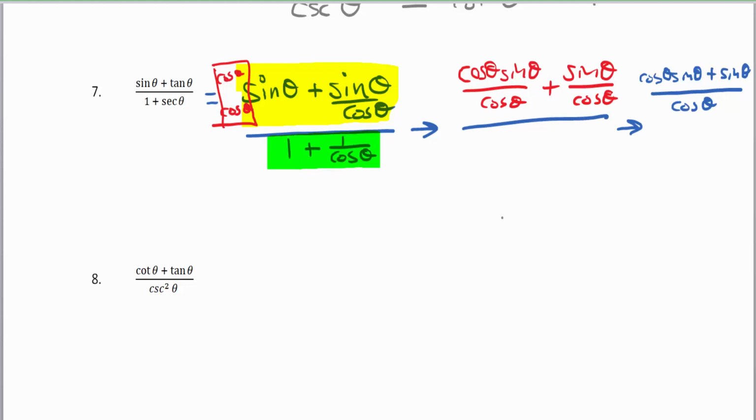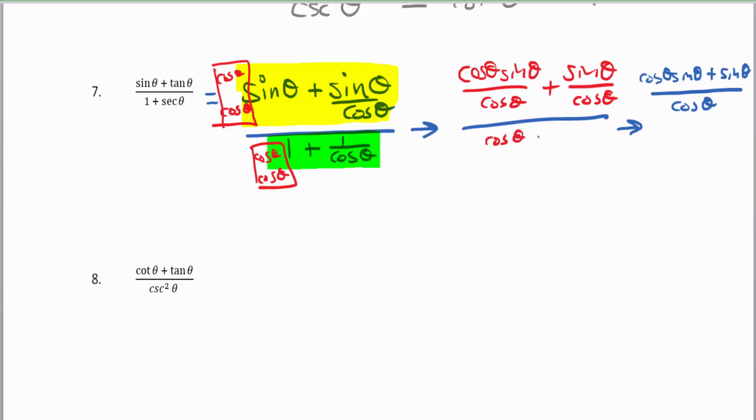highlight in green. Okay, so this denominator is now going to get simplified because this 1 can't be put together with the 1 over cosine theta until we have a common denominator, and I'm going to multiply the 1 by 1, or cosine theta over cosine theta.